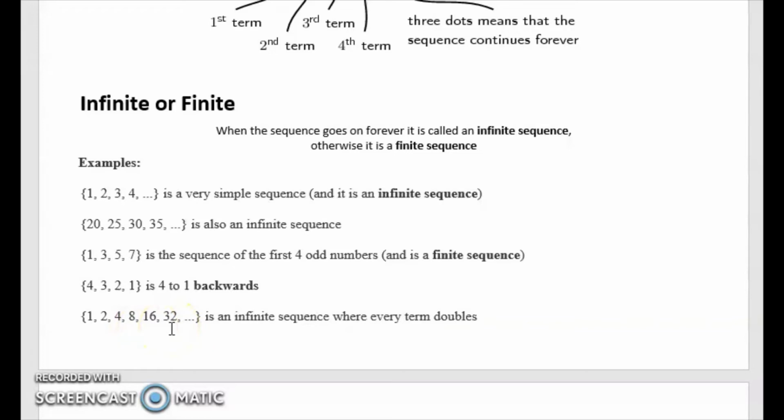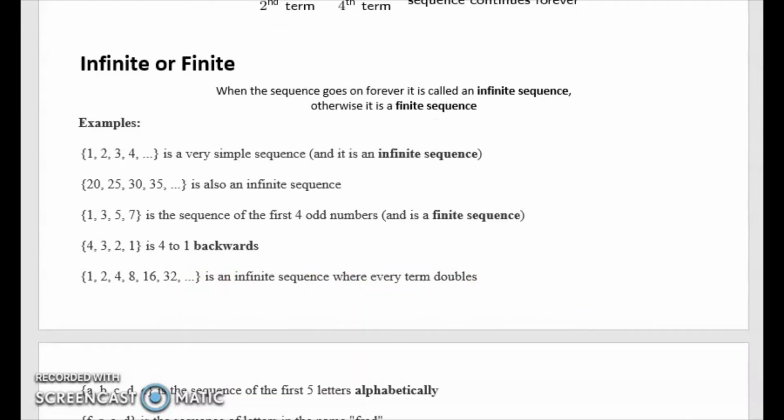Next to 32 is 64, because 32 plus 32 is 64. They are in order and in ascending order. There are three dots, so it is an infinite sequence.